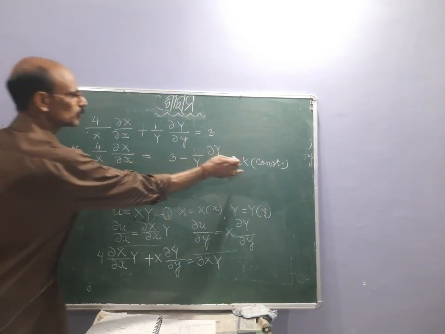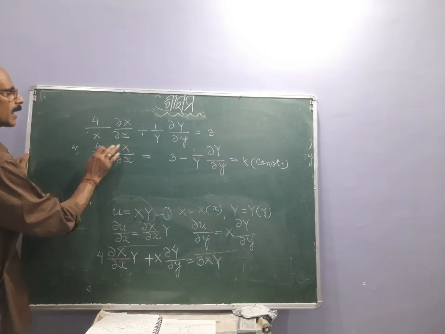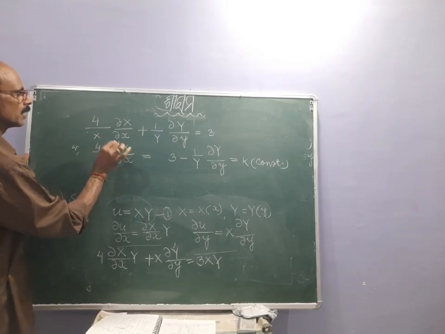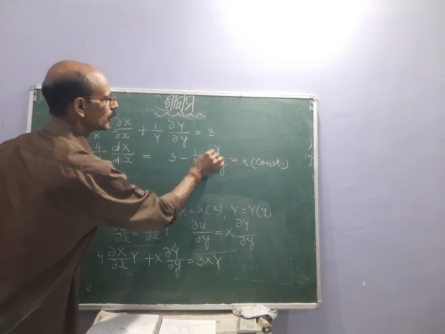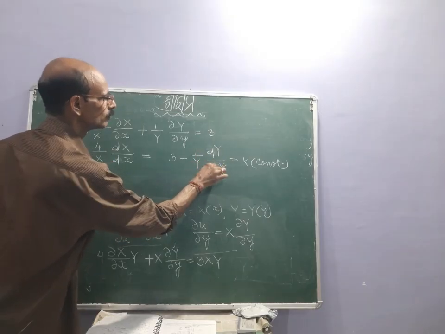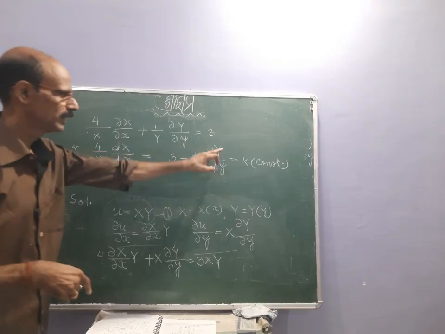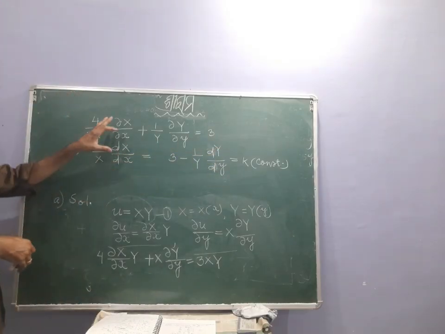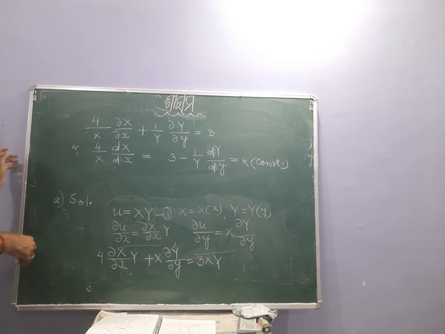Now this is equal to k and this is equal to k. Solving these, actually here I can write dX by dx and dY by dy, because X is solely a function of x and Y is solely a function of y. So instead of writing partial derivatives, I can write full derivatives.